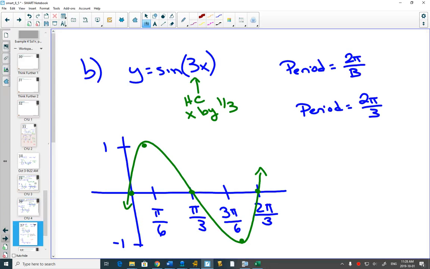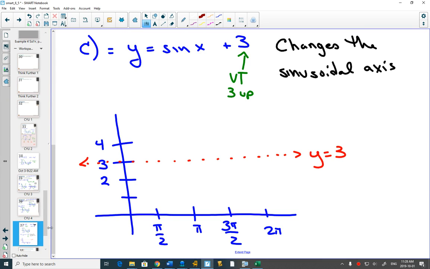Because when we get to this example now, where does my sine graph start? On my sinusoidal axis, in the middle, going up. And so if it's in the middle going up, at the first tick mark, it's going to be at a maximum. Next tick mark, back to the middle. Next tick mark, down to the minimum. Next tick mark, back. And we've just shifted it up 3 units. But instead of having to add points to each of those things, we can do it really quickly.